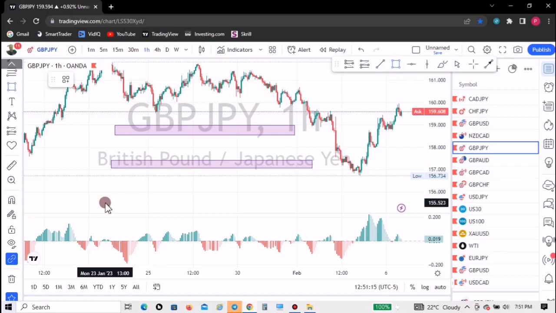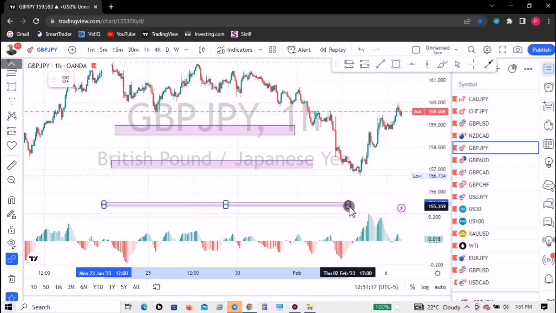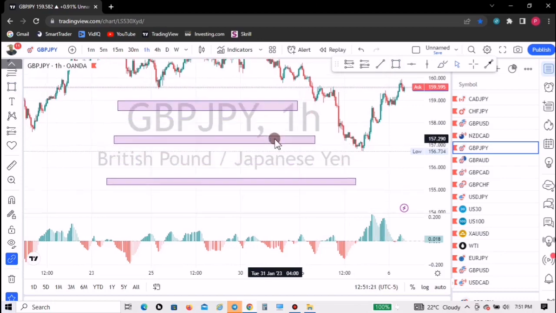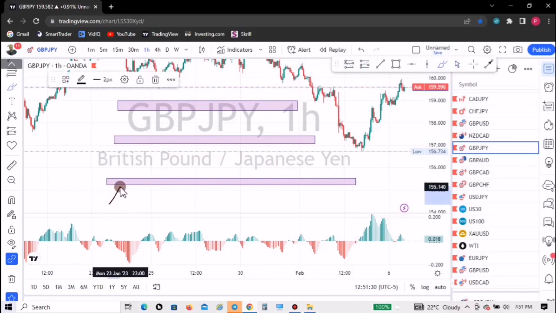Let's say these rectangles mark the key levels or key regions or key zones in the market, and price is moving like this. If price approaches this level, you know that it's either going to bounce and maybe push back down, or come and bounce and finally make it through.